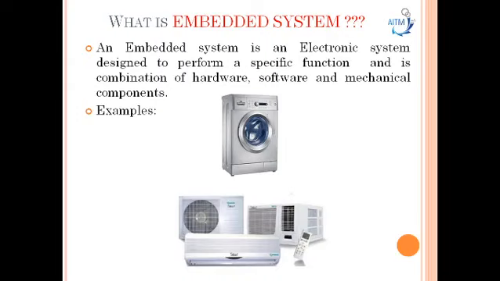Second point: the hardware and mechanical components consist of all the physically visible things that are used for input and output. And the third point: an embedded system will always have a chip, either a microprocessor or microcontroller, that has the code or software which drives the system.